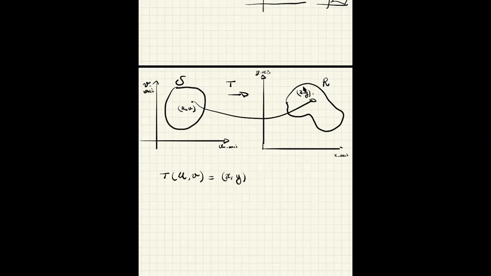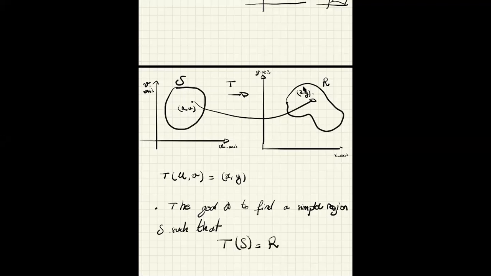So the idea, or the goal, is to find a simpler region S such that T of S is R. We'll have to do more work, but the idea is this.